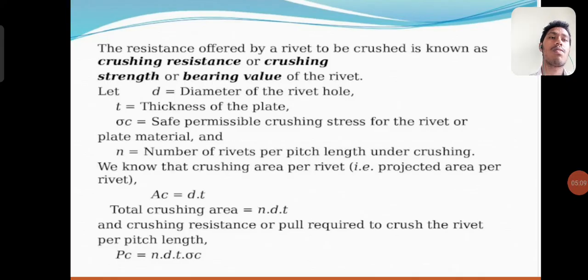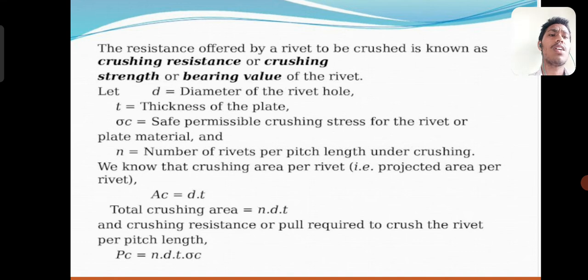The resistance offered by a rivet by crushing is known as the crushing resistance, crushing strength, or bearing load of a rivet. Let d equals the diameter of a rivet hole, t equals the thickness of the plate, sigma c equals the safe permissible crushing stress for the rivet or plate material, and n equals the number of rivets per pitch under crushing.